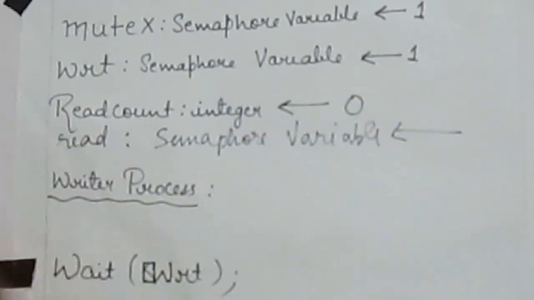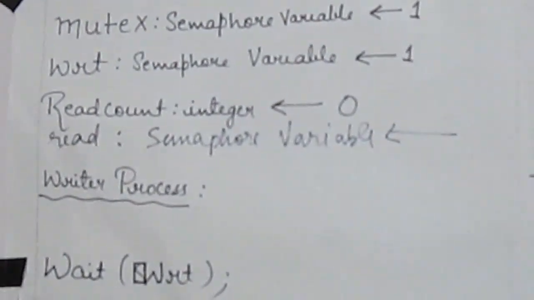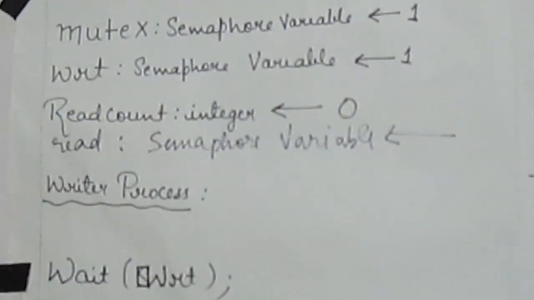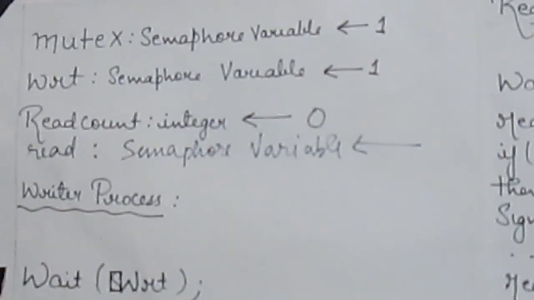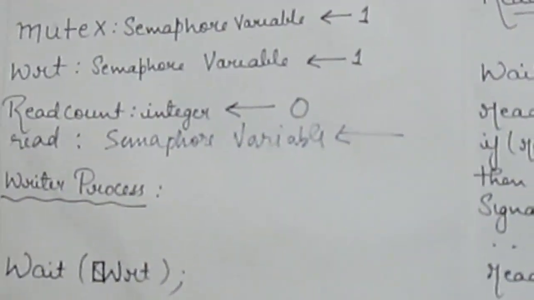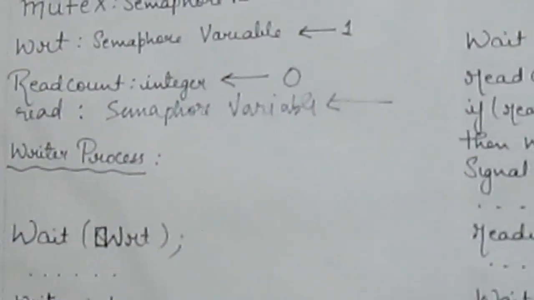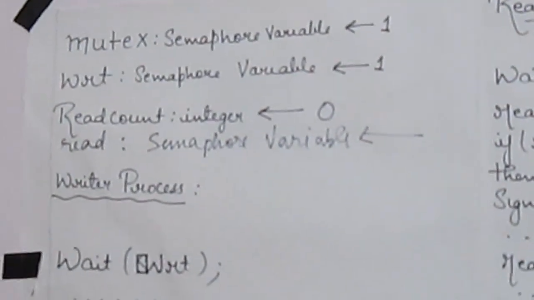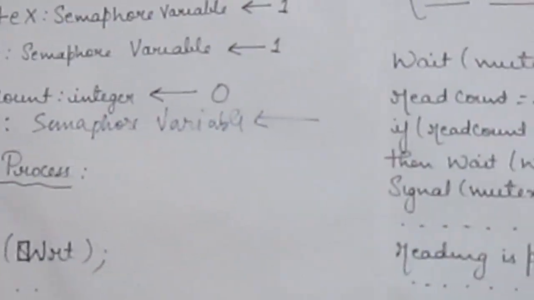We can assign the value according to us, like if we want a maximum of 3 readers to perform their task, and after they finish their task, then the writer should be given the chance to write into the shared file. So we can limit the number of readers which will perform their task. If that many readers have performed their task, then the writer will be given a chance to write into the shared file.